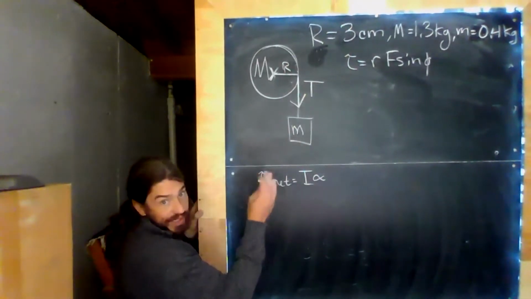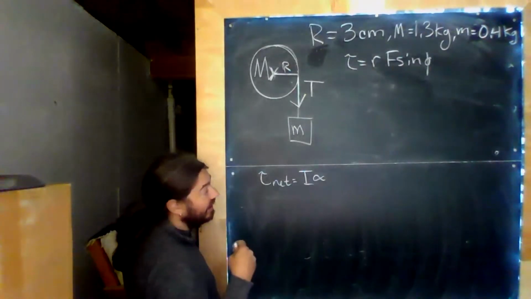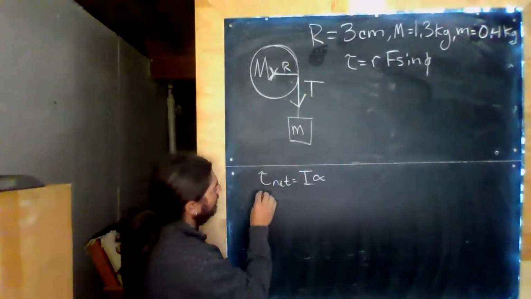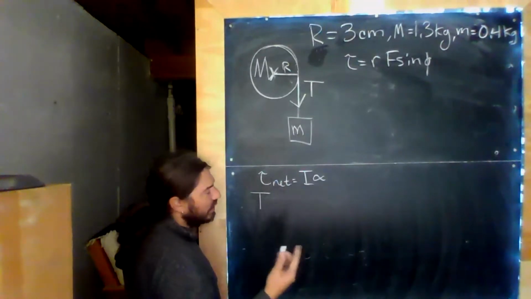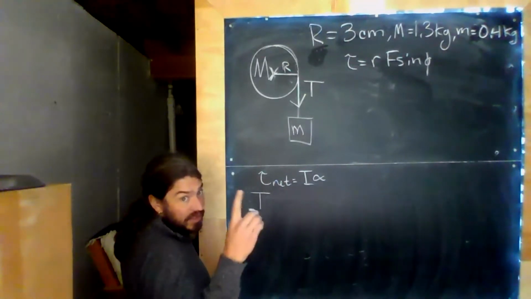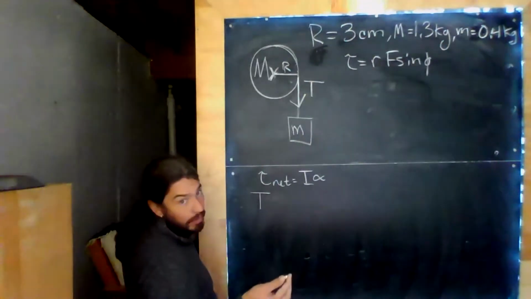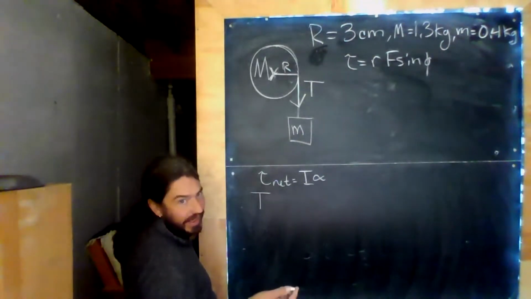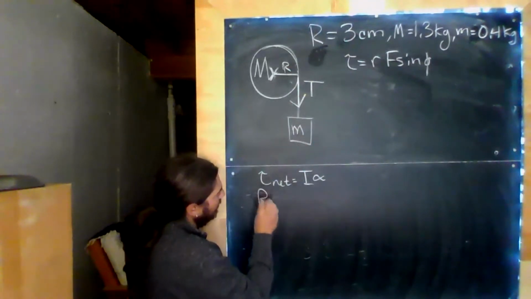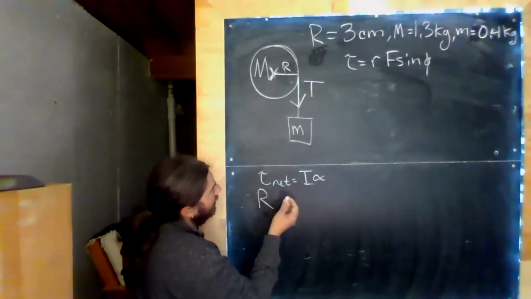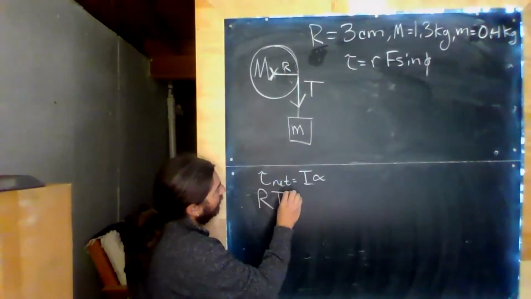So the net torque is easy enough to write down because there's only one torque. We don't know all the numbers, so we can't necessarily calculate it yet. So it is R times F, and in this case we're using capital R for that, times my F. My F is the tension.